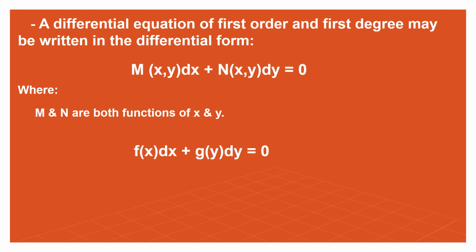So, rewriting the equation into two functions where the first term is represented by x variable having the dx part, while the second term having a y variable is the dy part. So, integrating both terms and both sides, the left and right members.